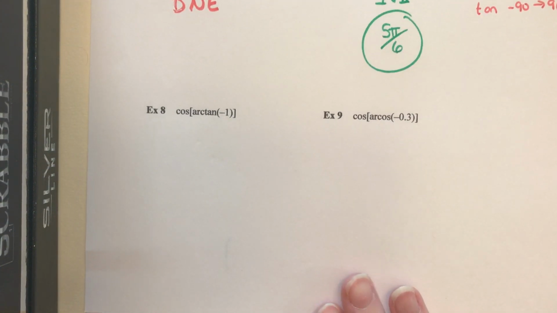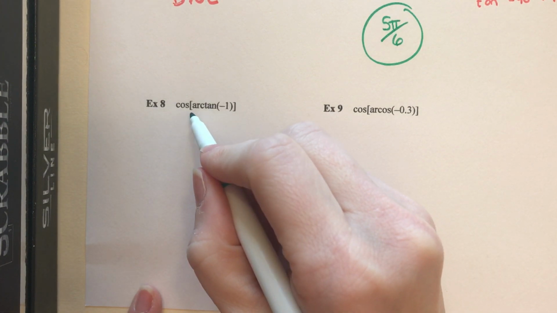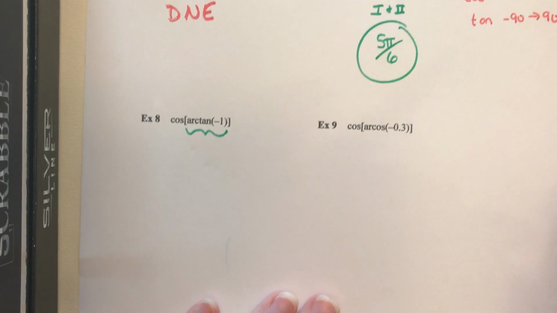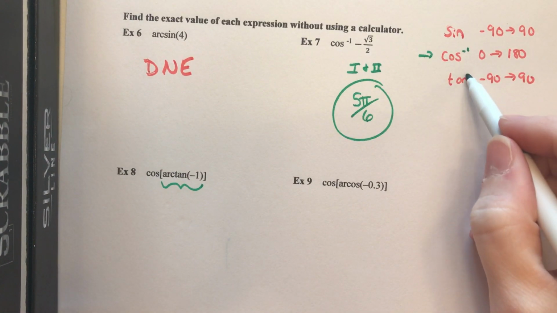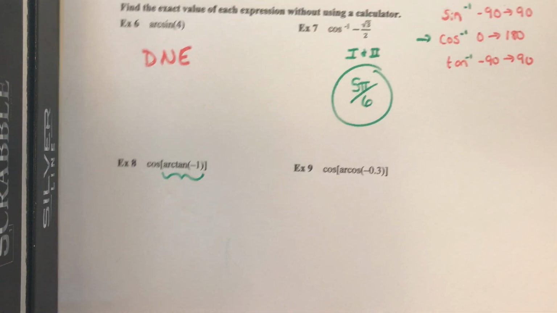Okay, next up, number 8. This is where we work from the inside out. So just like with the top, I'm going to solve this first. I'm going to find where tangent inverse, so where tangent equals -1. So tangent is only in the, if I look at my chart over here, the fourth and first quadrant.